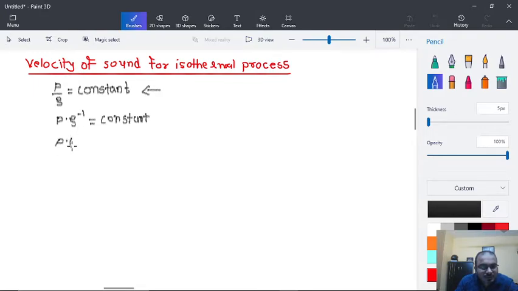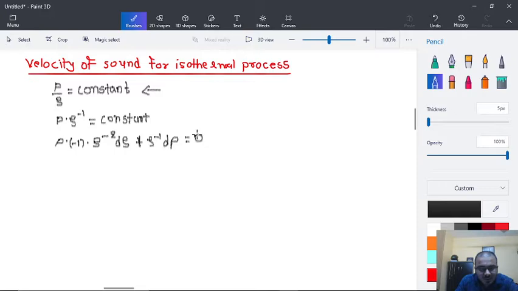Differentiation of rho will be -1 rho raised to -2 d rho plus, now we will differentiate with respect to P. So rho inverse 1 dP is equal to 0.